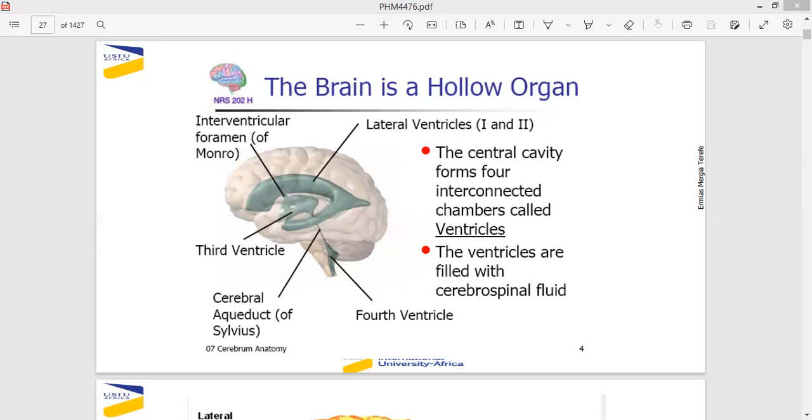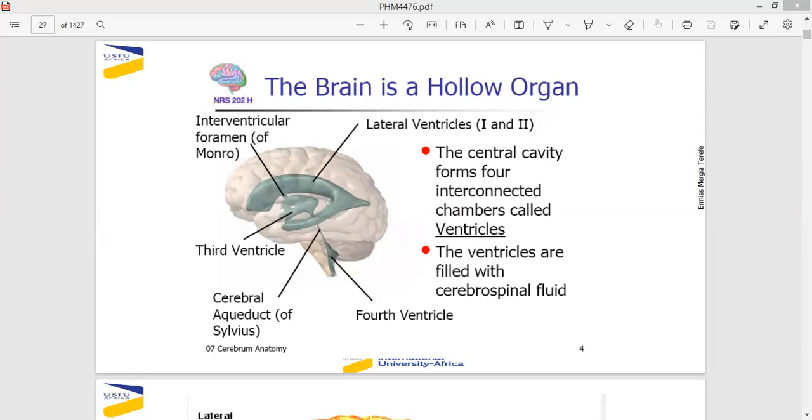The blood will be filtered in the choroid plexus, which is selective and will remove some stuff that shouldn't get into the brain, and it will form the CSF. Nice, thank you. So the choroid plexus is central to the formation of the cerebrospinal fluid.